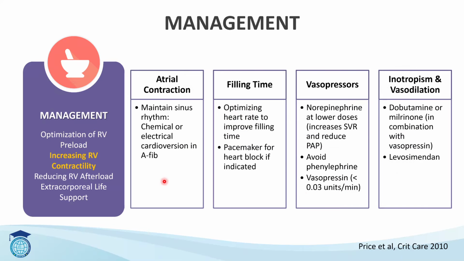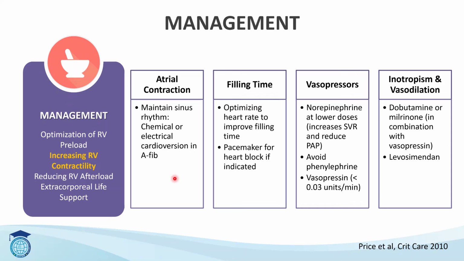The second principle would be increasing RV contractility, and the first thing that you would do, you need to maintain atrial contraction, as it contributes to around 40% of the output or the stroke volume on the right side. You need to maintain those patients in sinus rhythm.